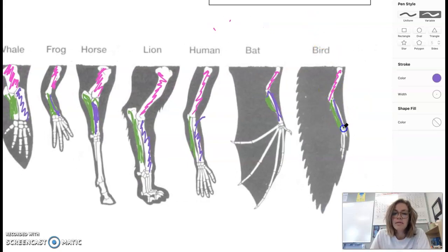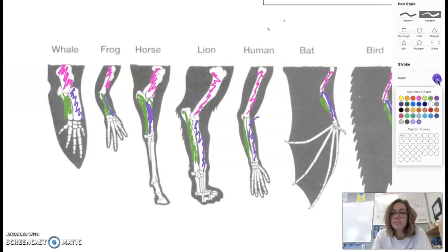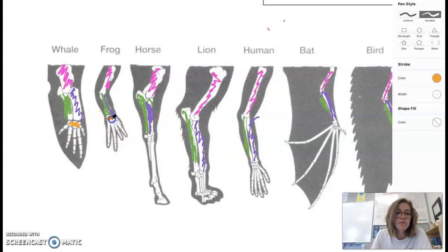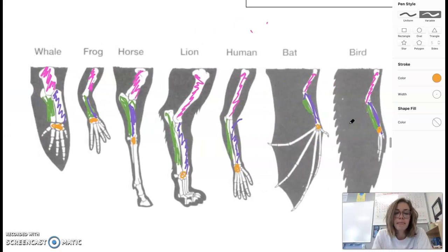Notice they've got these similar bones. Now, we can look at it here, that we have the carpals in all of these organisms. Carpals in the frog, carpals in the horse, lion, human, bat, and these small ones here at the bird.